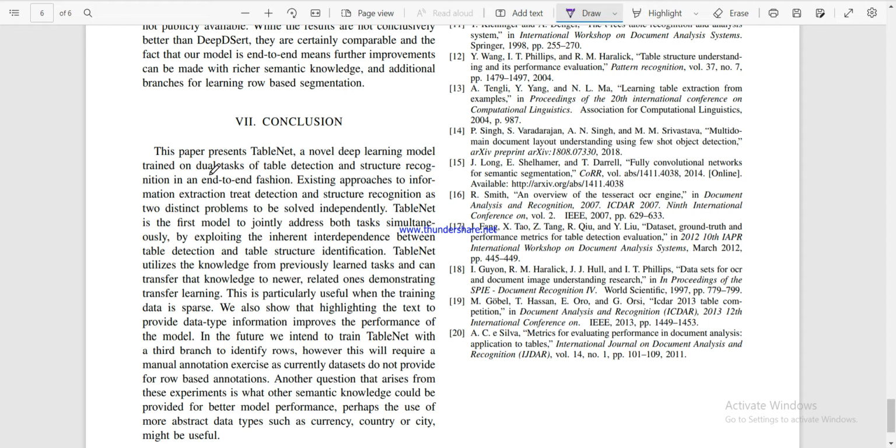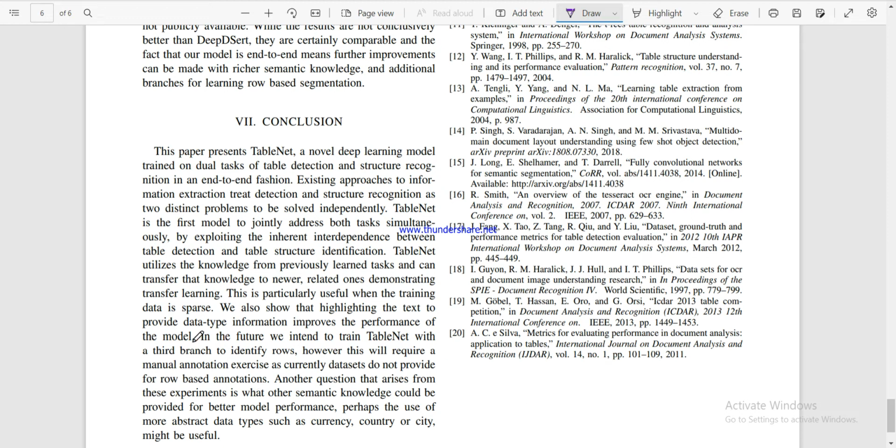Existing approaches to information extraction treat detection and structure recognition as two distinct problems to be solved independently. TableNet is the first model to jointly address both tasks simultaneously by exploiting the inherent interdependence between table detection and structure recognition. This is what we already discussed, merging two tasks that were previously handled independently.